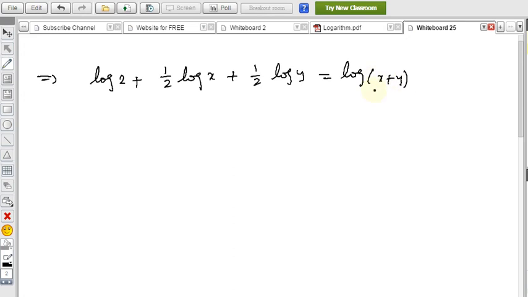So we can take the log on both sides. This is how we can write log 2, as this: log x to the power 1 by 2, because m into log a is equal to log a to the power m, plus log y to the power 1 by 2, equals log x plus y.